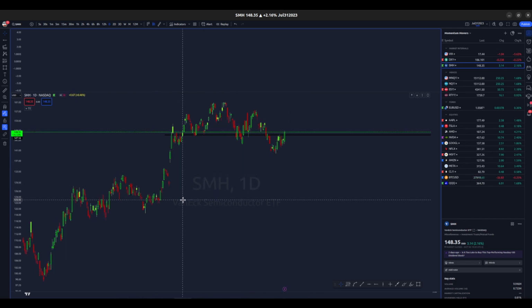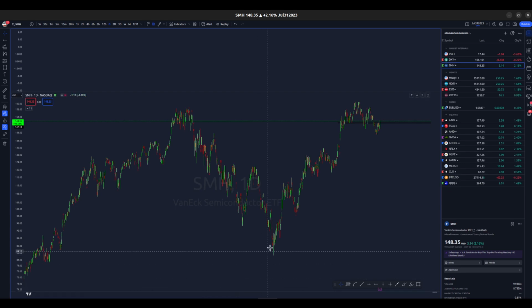But you have your AMDs, you have your Nvidias, you have your Qualcomms. There's a lot of semiconductor stocks that make up the Van Eck at different weightings, and this is what this is tracking. And knowing that this is in an overall bull trend and has just made new highs, this would be the reason for the bullishness in an asset like the Nasdaq and the Nasdaq index.